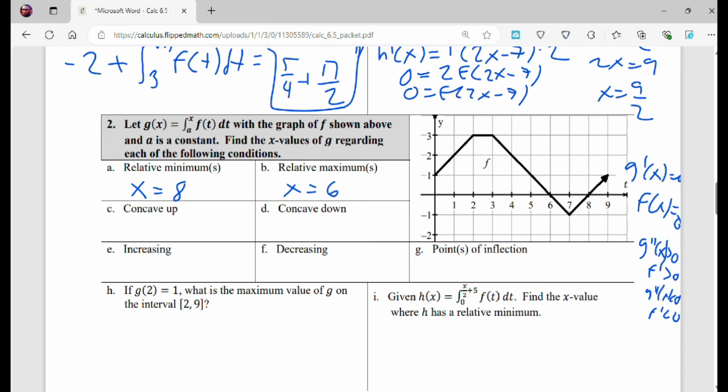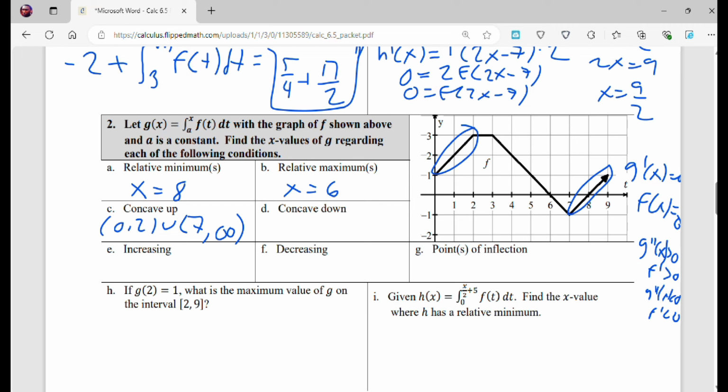When is the slope positive for f? Here and here. So from 0 to 2, and from 7 to infinity. Why infinity? Well, we have the arrow on the right side, which indicates that the graph goes on forever.